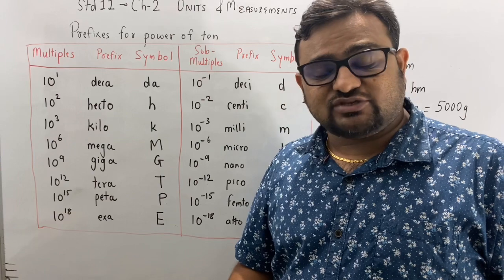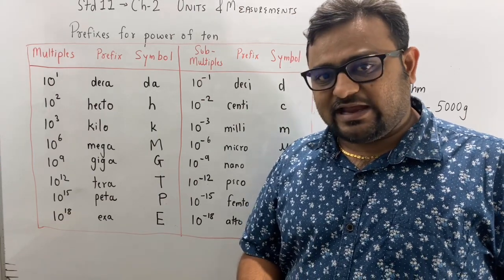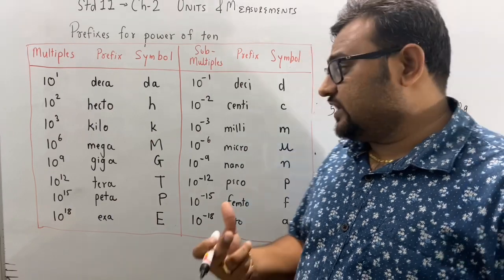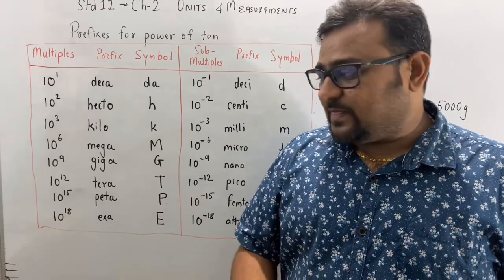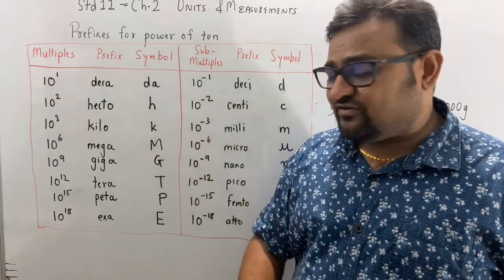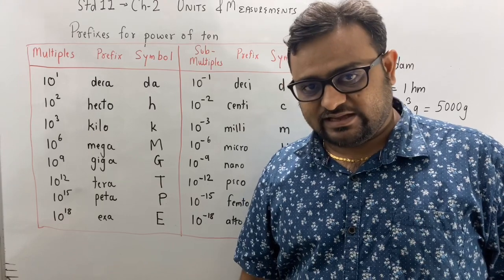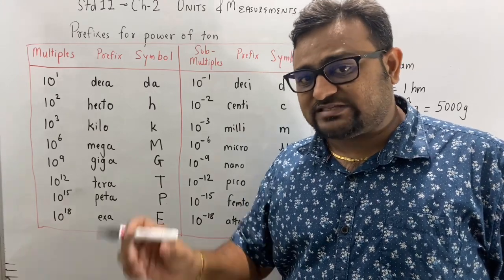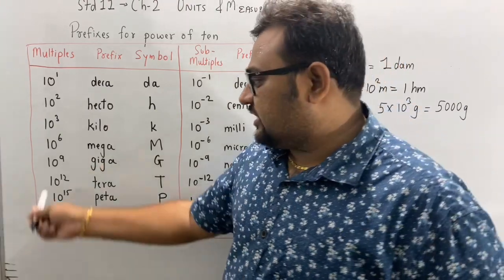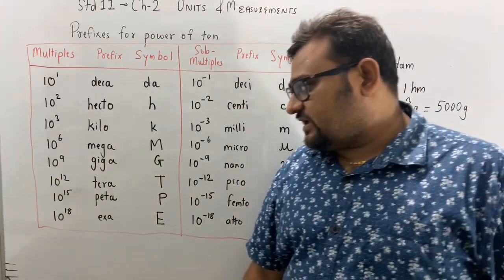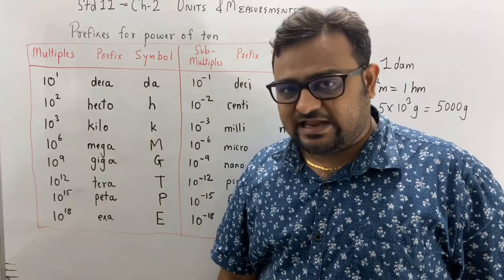The memory that you are using in your phone, the storage capacity, right? If you have a video of 300 MB, that means 300 into 10 raised to 6 byte. MB means megabyte. Same way, GB, G for giga, that is 10 raised to 9.